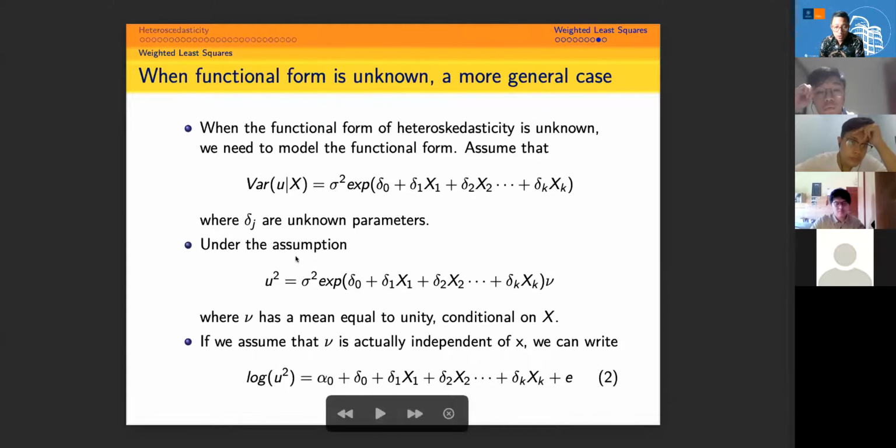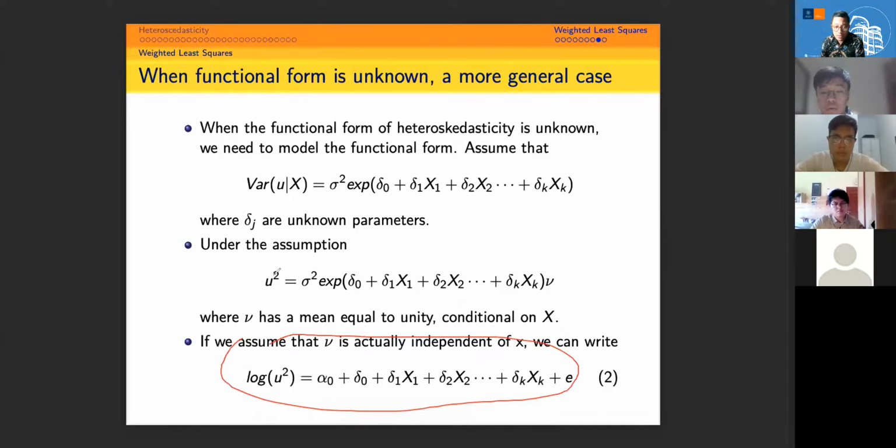Under the assumption that the heteroskedasticity is driven by some form of this exponential function, if we take a log of the squared residual, and we assume that the error v is independent of x, we're going to get the following regression. Where do you get this particular regression? You just take a log transform of this one.